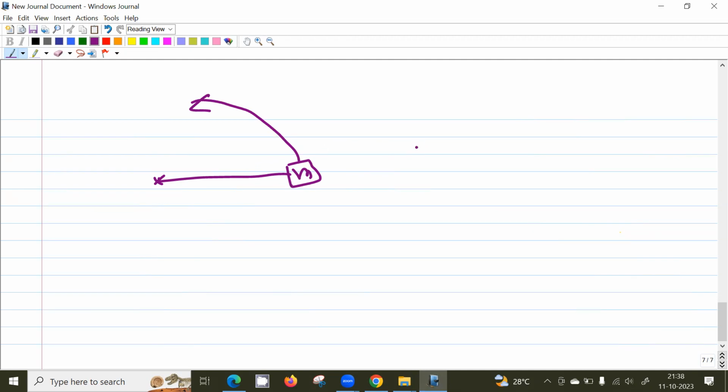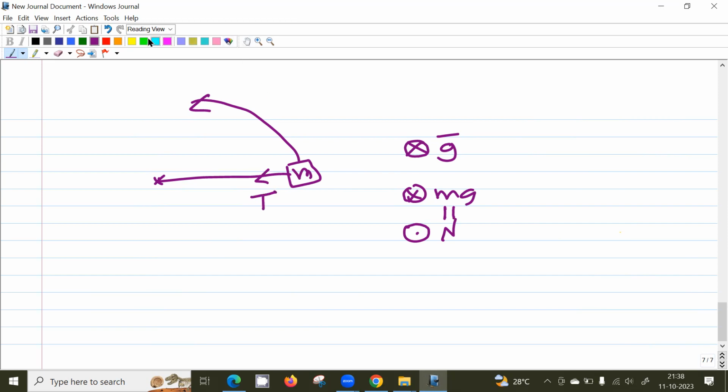So the gravity force is into the plane of the table. So the weight will be in the cross direction, and the normal reaction will be dot. This normal force balances mg. But it's a horizontal plane, the tension force will be like this.